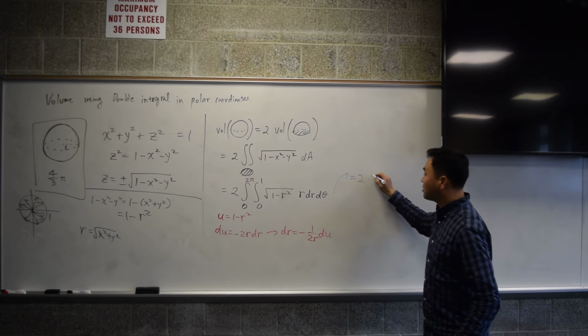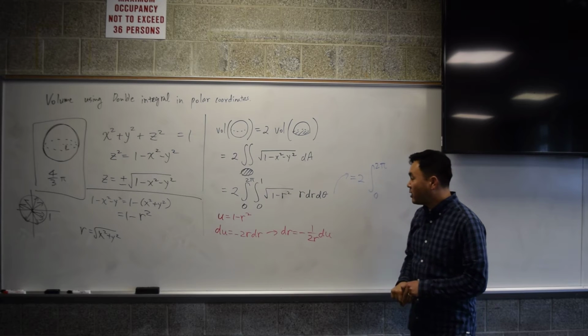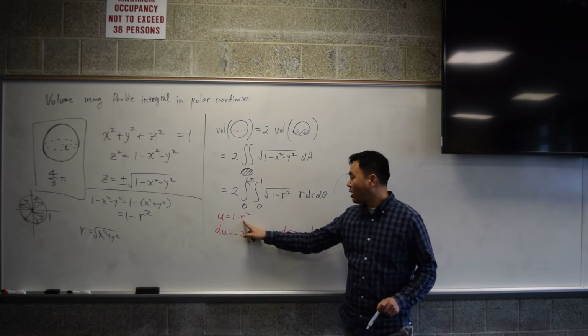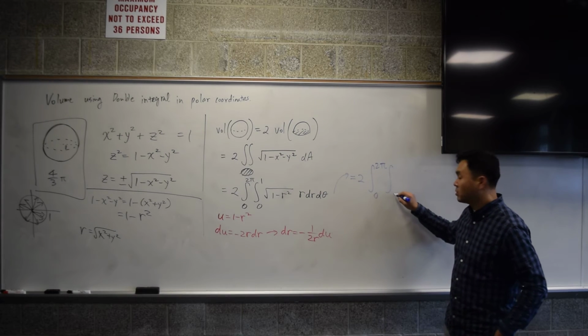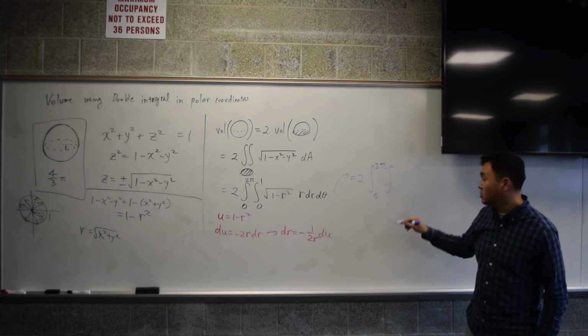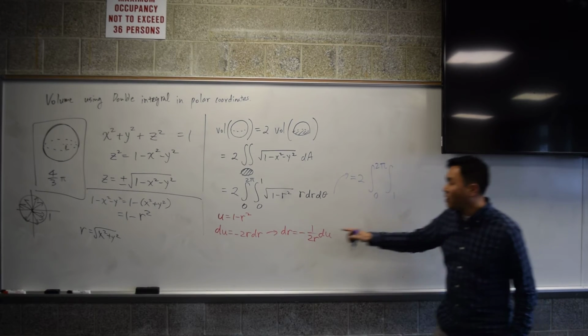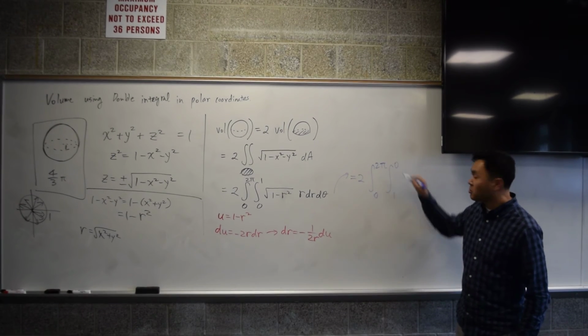It's twice the integral from 0 to 2 pi. Oh, by the way, when r is 0, what's the value of u? If you plug in 0 into r, what's the value of u? 1. When r is 1, what's the value of u? 0. You have to change the bounds.